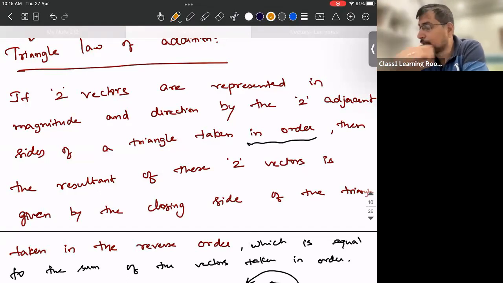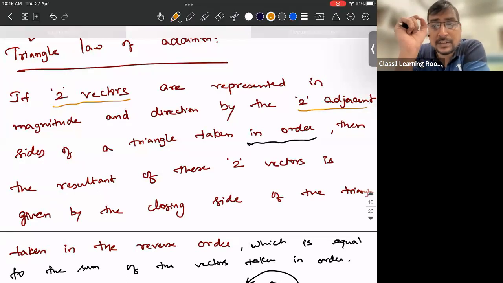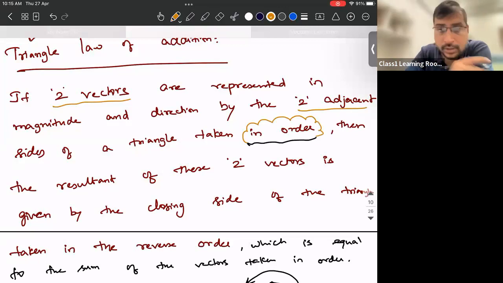Now listen to this. If two vectors given to us are represented in magnitude and direction by two adjacent sides of a triangle, an important point to keep in mind is adjacent sides of a triangle taken in order. I'll tell you what that means.